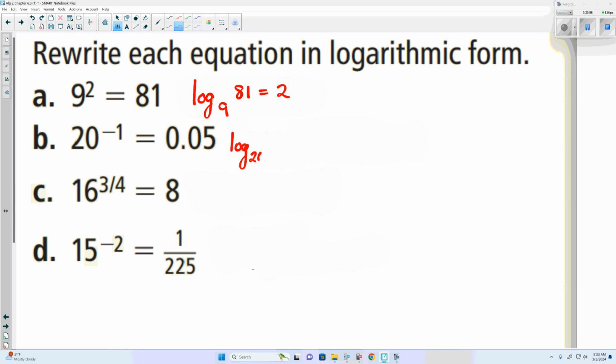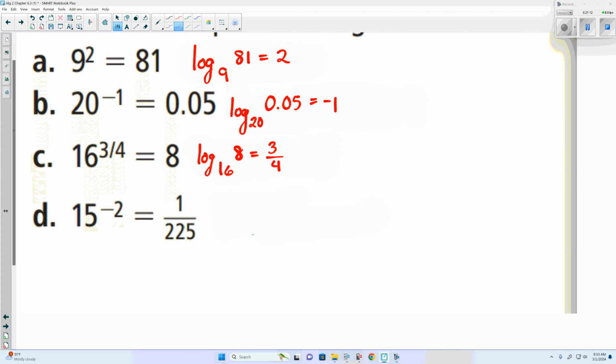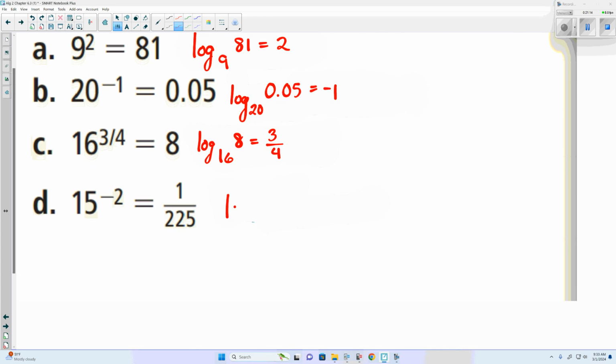Log base 20 of, log base 16, 3/4. And lastly, log base 15 of 1 over 225.